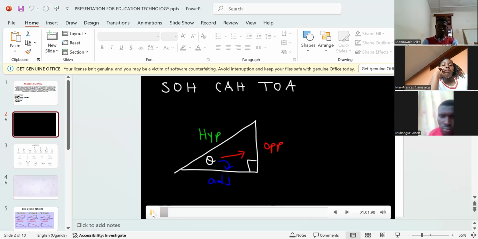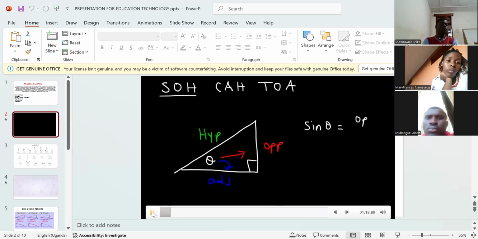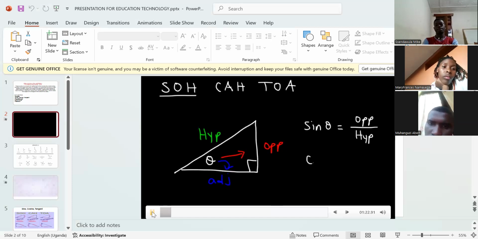Now let's talk about the 6 trig functions in terms of sine, cosine, tangent, opposite, adjacent, hypotenuse. Sine theta, according to SOHCAHTOA, S is for sine, O is for opposite, H is for hypotenuse. Sine theta is equal to the opposite side divided by the hypotenuse. Cosine theta is equal to the adjacent side divided by the hypotenuse.